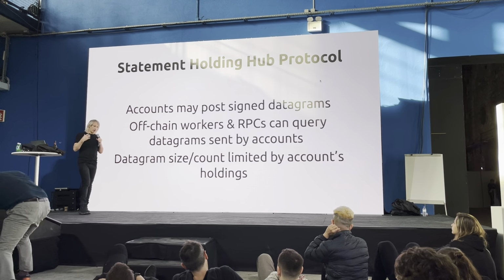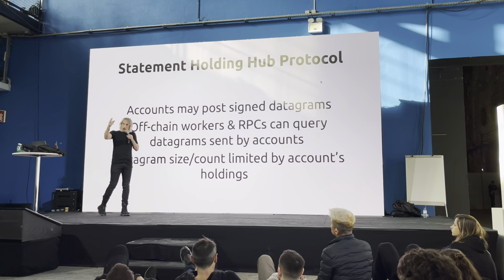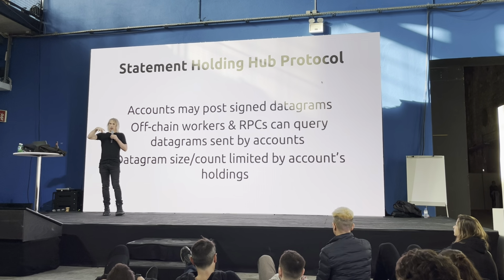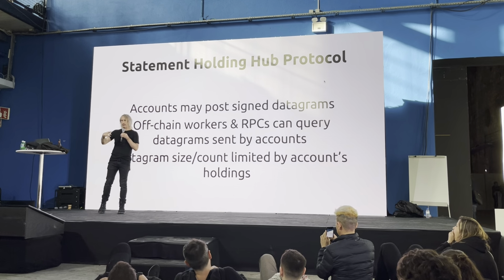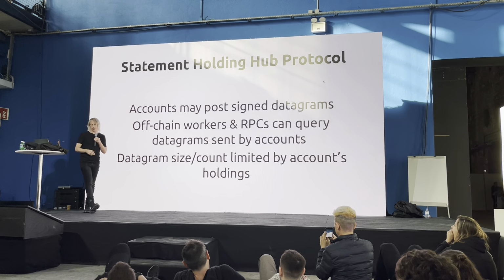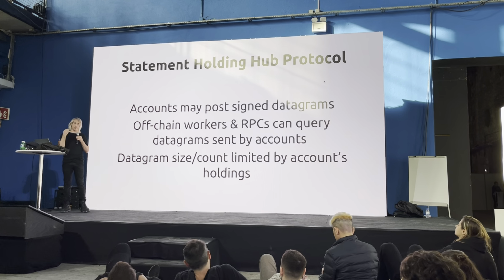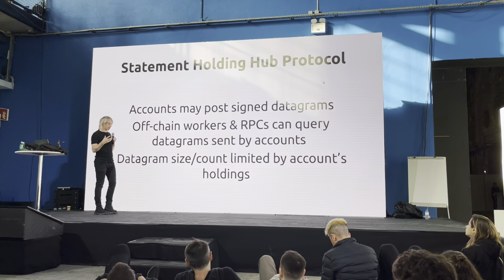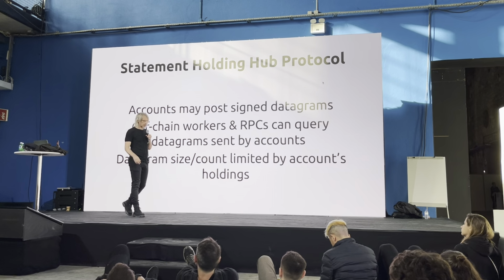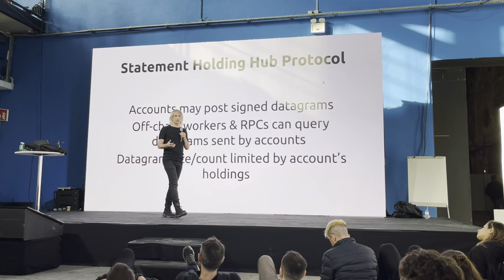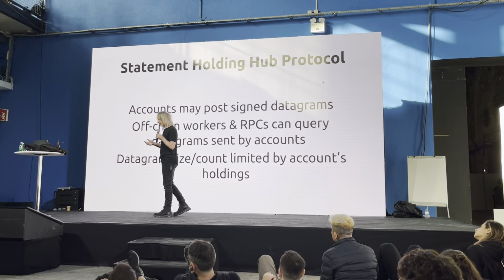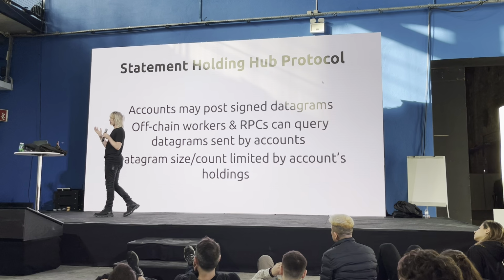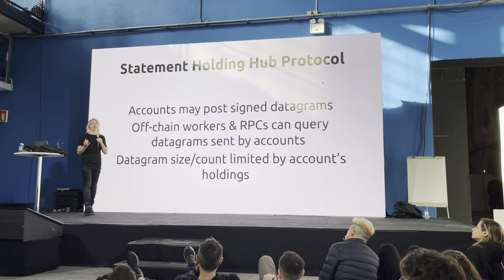The idea being that off-chain workers can subscribe to pigeonholes in this massive global DHT and be told when something new has been posted by an account. The nice thing is that posting a datagram to this massive global DHT doesn't cost anything, right? Because you're not touching the chain. So this opens up the possibility of having, for example, free delegation.